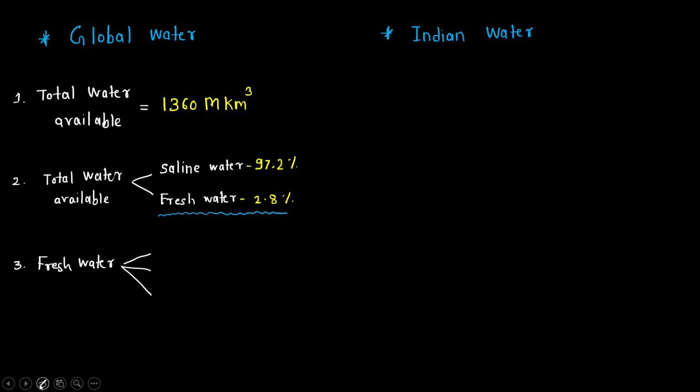What are these three categories? The first category is glaciers, that is the water which is present in glaciers. The second one is groundwater, and the last one is surface water.